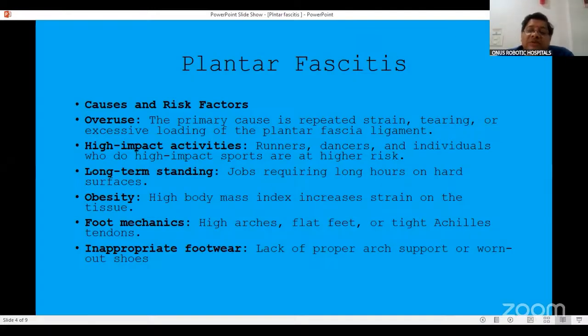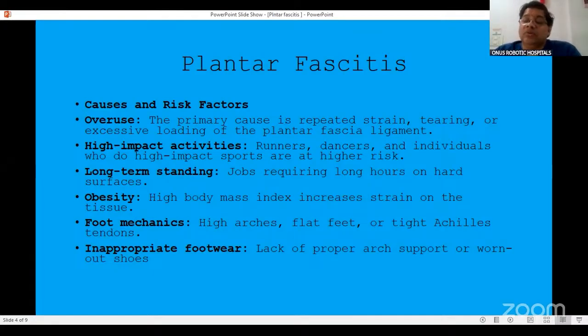Another thing is obesity. If you are overweight, that causes more pressure on the heel and that causes plantar fasciitis. And last but not least, there is foot mechanics. Whenever there is tightness in the Achilles tendon or the gastrosoleus muscle, you will have pain in the heel, as this will cause much pressure.